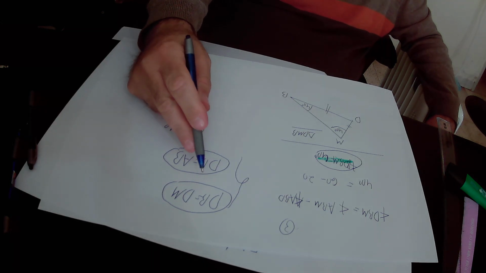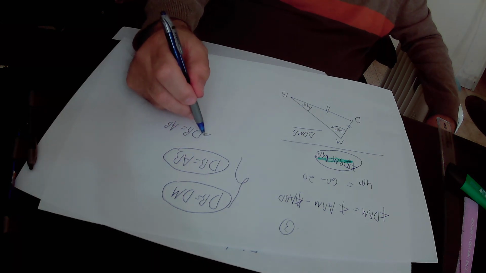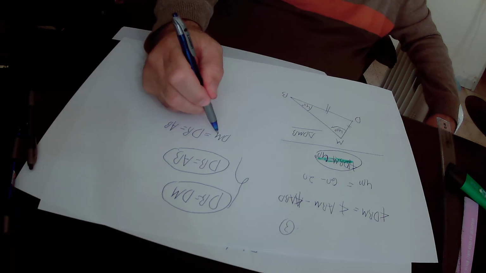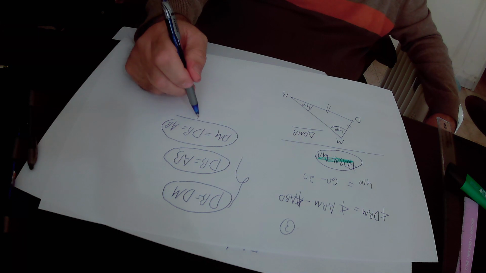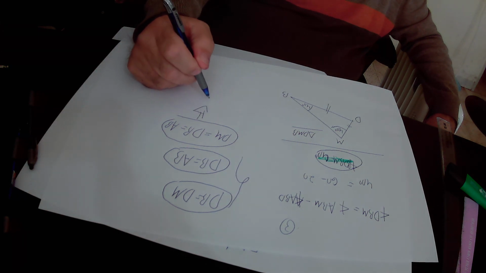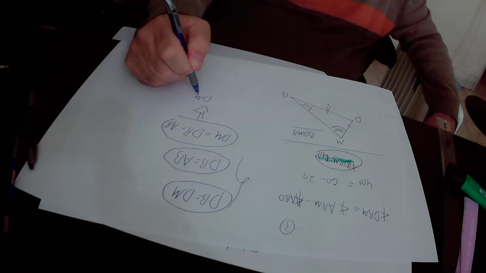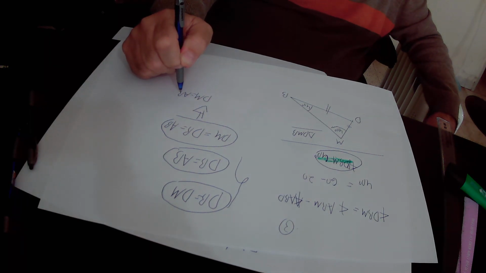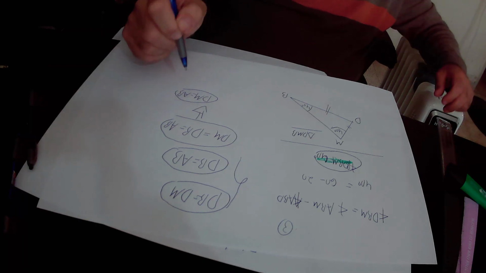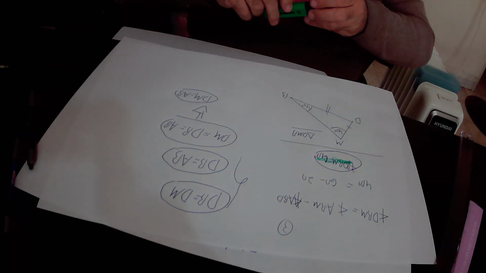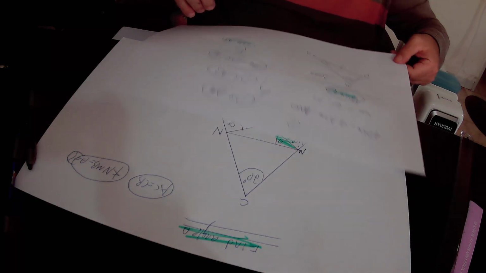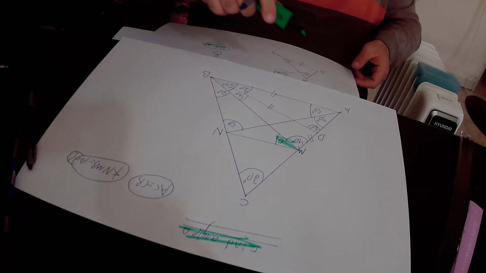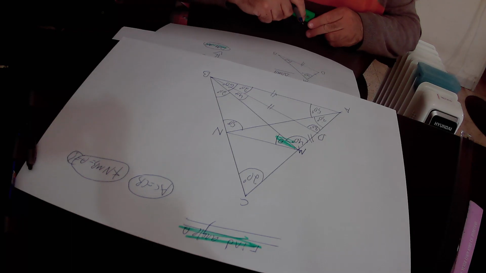From the other side, DB equals DM. From this we derive that DM equals AB.